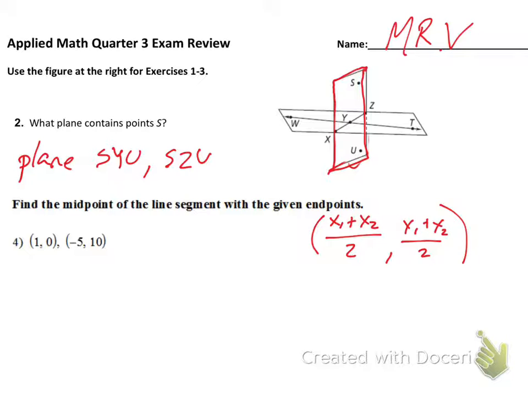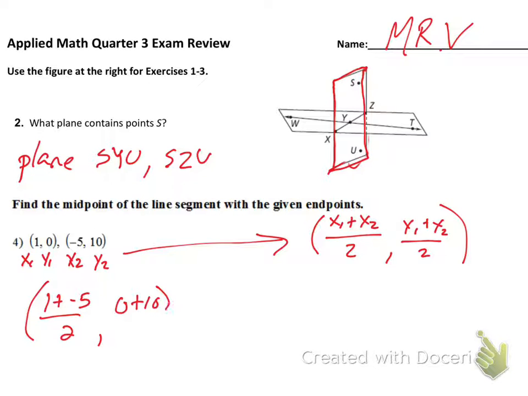All right, so find the midpoint of the line segment with the given endpoints. We know that this is x1, this is x2, this is y1, this is y2, and all I'm going to do is plug it in there. So I'm going to have 1 plus negative 5 over 2, and then 0 plus 10 over 2.